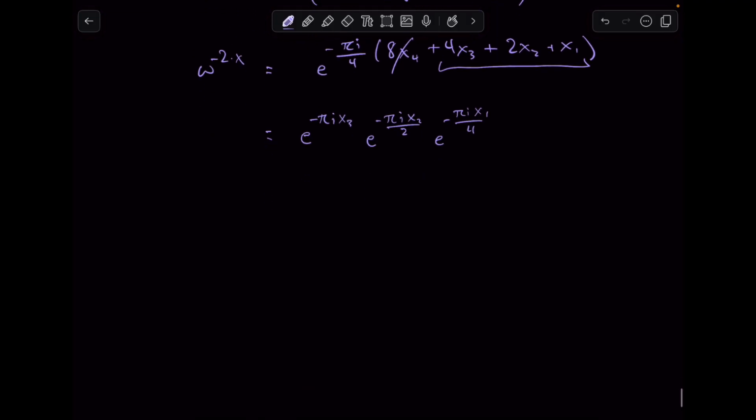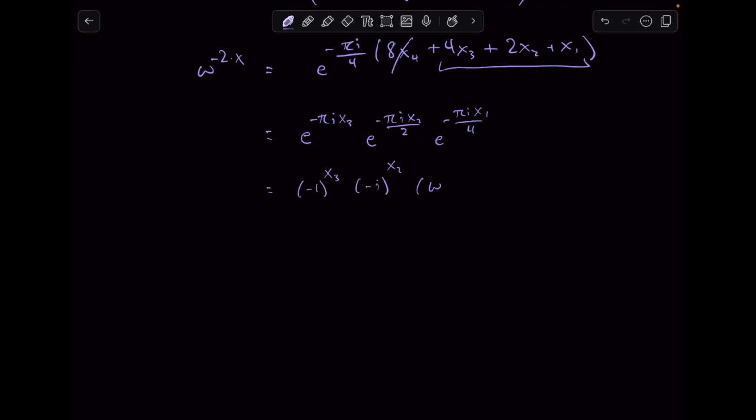To simplify, we can rewrite this, and then here we have minus I. And here I'll keep it in its root of unity form. So what is this exactly?